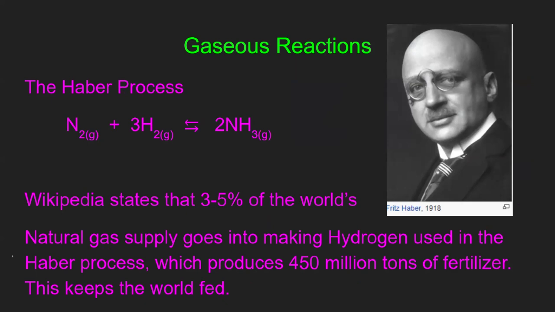And he did that by coming up with a way to manipulate the equilibrium to get it to shift in a way that produced more ammonia. I'm not going to go into this in too much depth because we're going to talk about Fritz Haber some more later on. We also talked about him when we did gases.